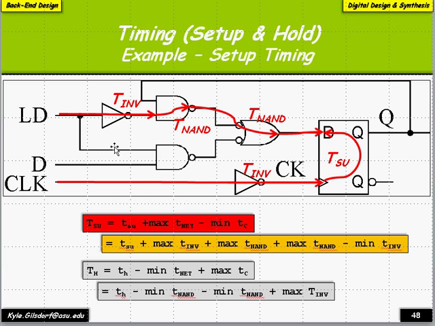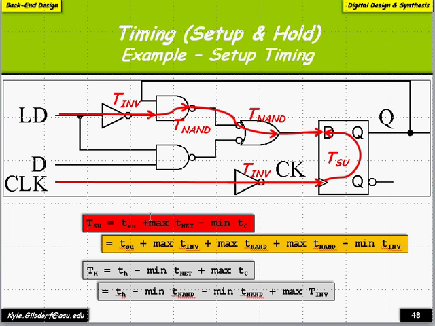Again, we say maximum path. Well, that could be maximum in terms of temperature or maximum in terms of the actual path available to us. If we look at this, the path that hits the most gates before it hits the flip-flop will be this path here.